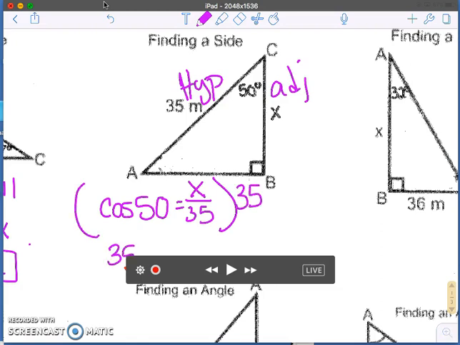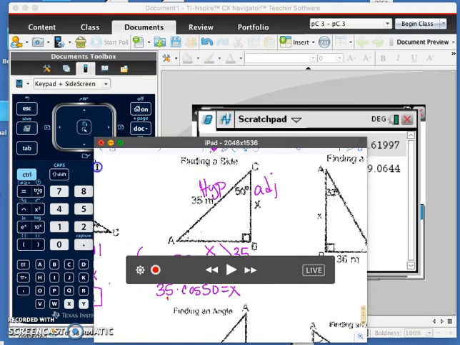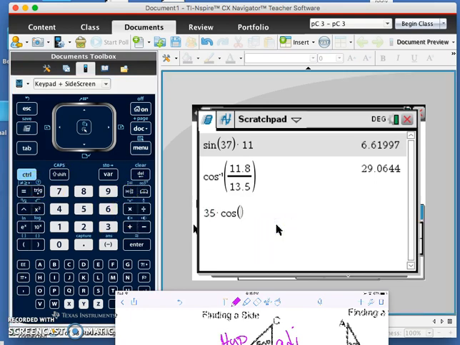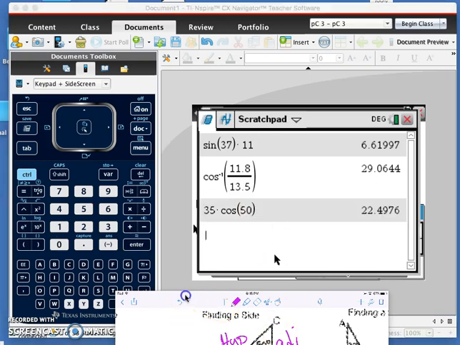So 35 times the cosine of 50 equals x. So 35 times trig cosine of 50, and we have 22.5.